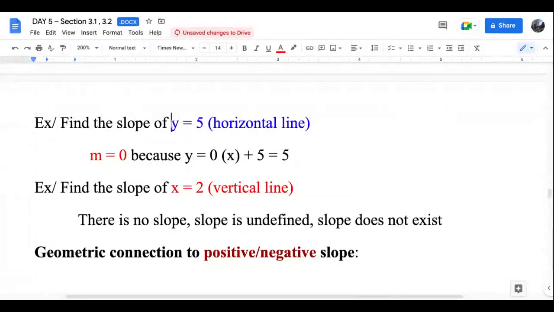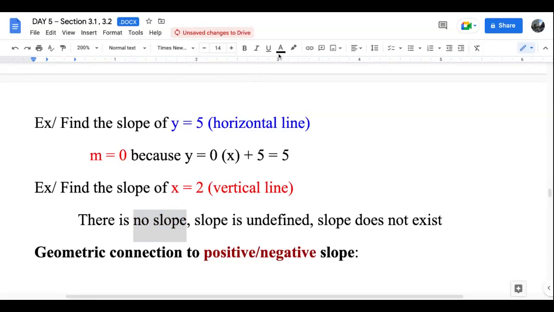Let's see this one. What's the slope of y equals 5? A horizontal line. Well, m equals 0. Why? Because 0 kills the x term. 0 times x becomes 0. So the slope is 0 for horizontal lines. What about vertical lines? x equals 2. y is absent, so there's no slope.